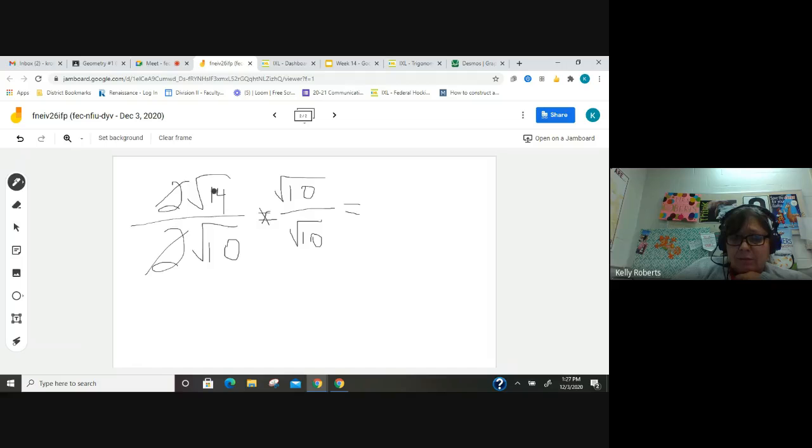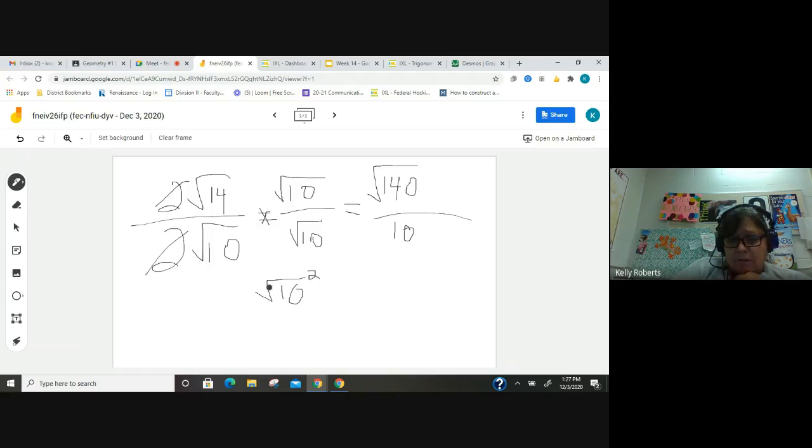So now I have square root of 14 times 10, which is square root of 140, divided by 10. Square root of 10 times square root of 10 is 10. Because that's like square root of 10 squared.